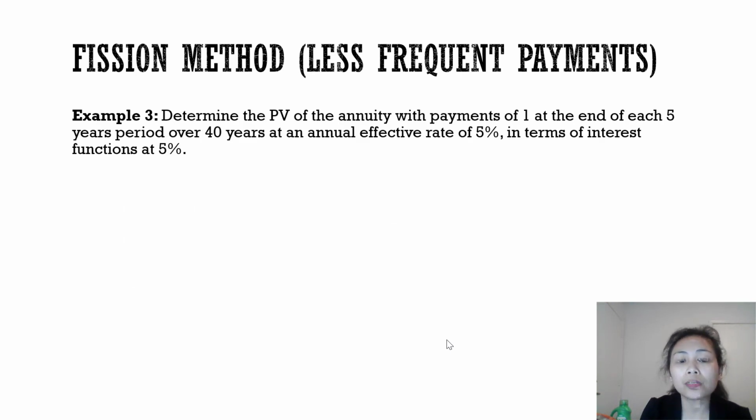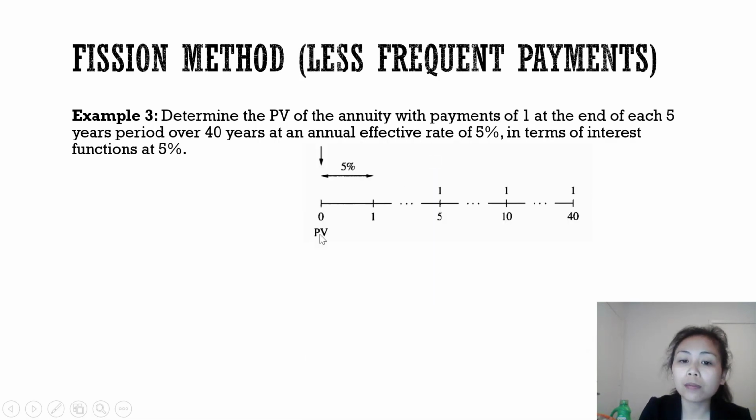Example 3: determine the present value of the annuity with payments of 1 at the end of each 5-year period over 40 years at an annual effective rate of 5%, in terms of the interest functions at 5%. So here you see that payment is made 1 at the end of each 5 years, and the interest rate is compounded every year as an annual effective rate.